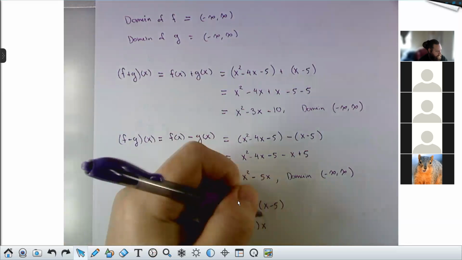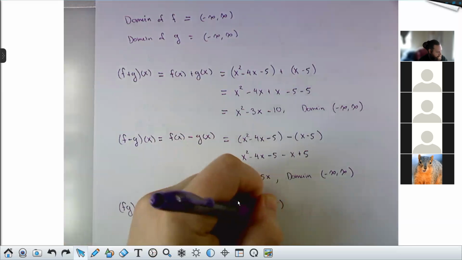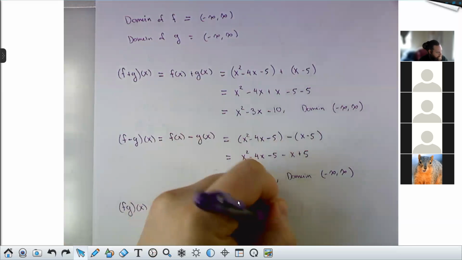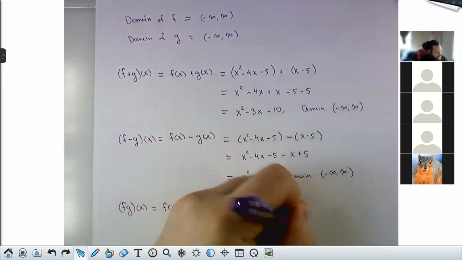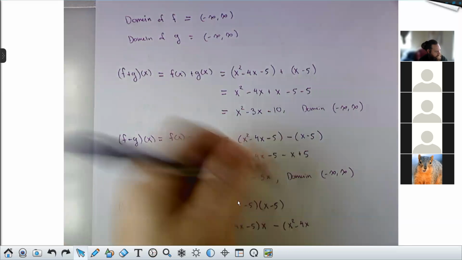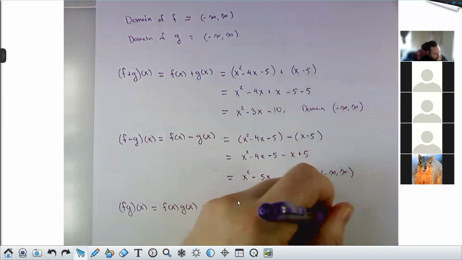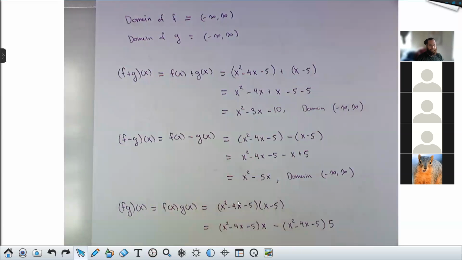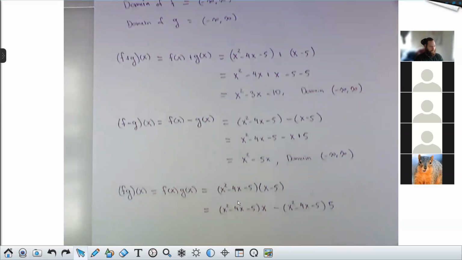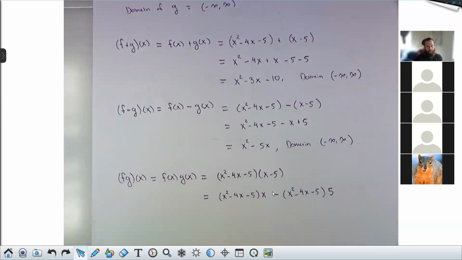And then we'll have minus x squared minus 4x minus 5 times 5. So this minus here is coming from this minus here. I've got this whole thing times x, that's this, minus from this minus, and then this whole thing times 5, that's this.